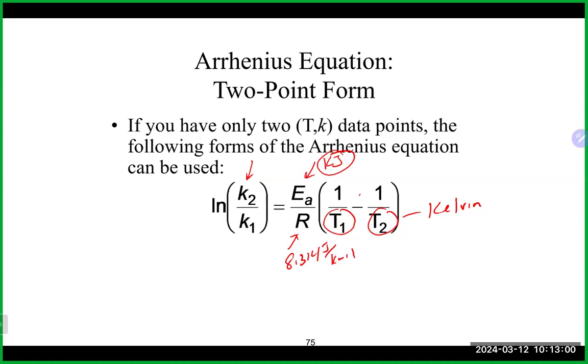If you choose any of the correct versions, including this one, they should all come out the same. Like I said before, in the lab manual they distribute the negative out of the parentheses and flip everything around in terms of the 1s and the 2s. It's the same equation, just things distributed out.